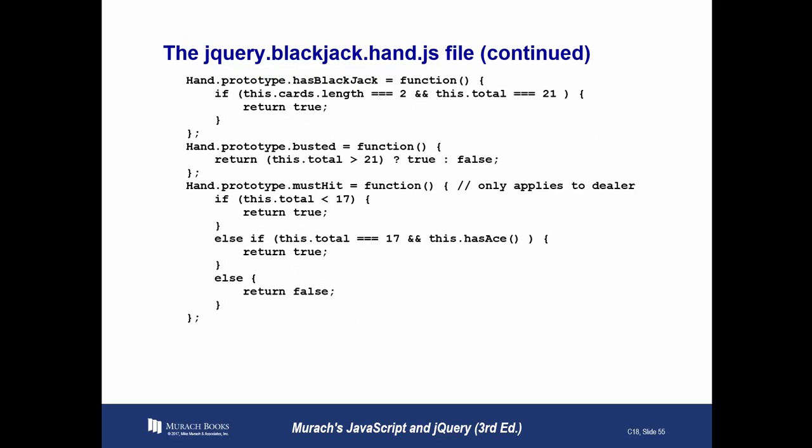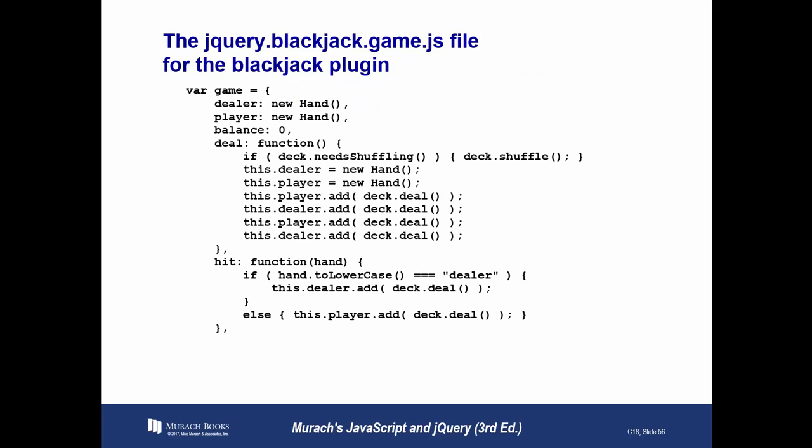The game file is shown on pages 580 and 581. Since only one game is needed and it doesn't need to protect any private state, it's coded as an object itself. The game object has 3 different properties, as you can see up there. It has a dealer property, a player property, and a balance property.